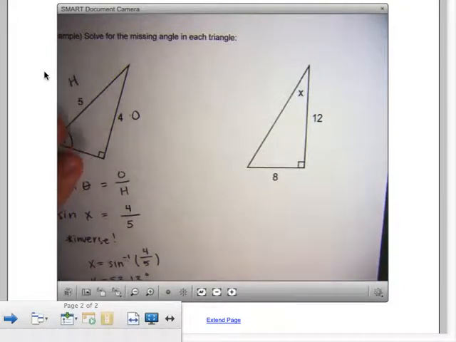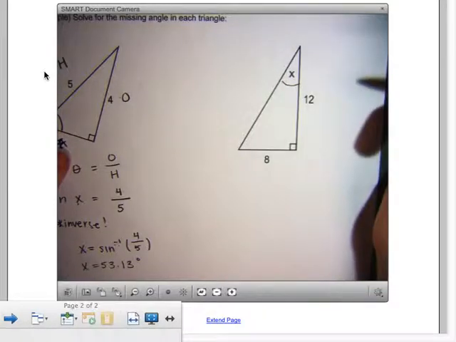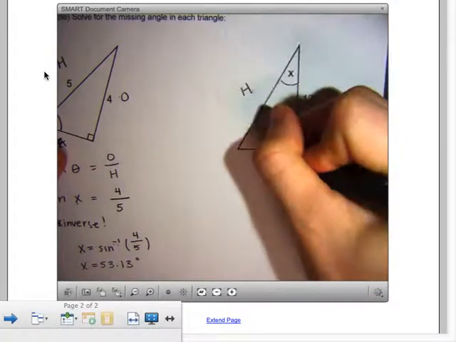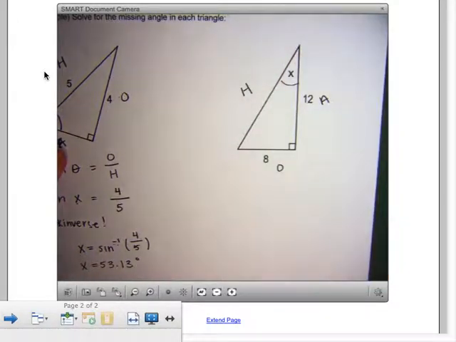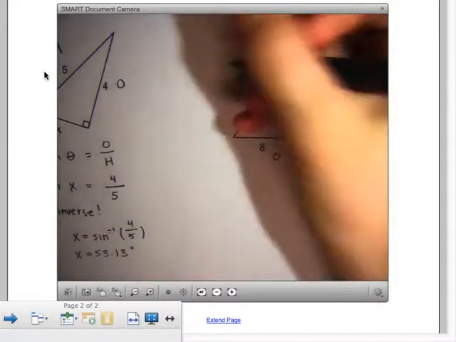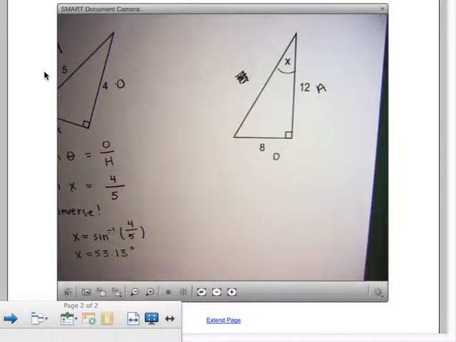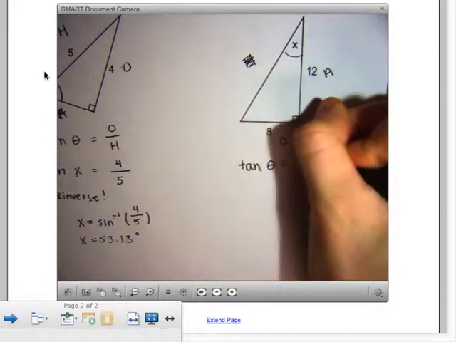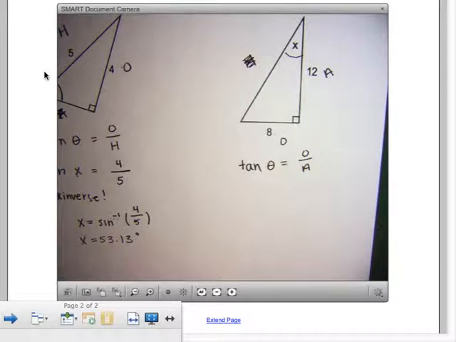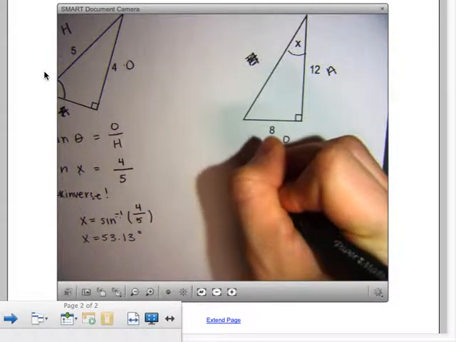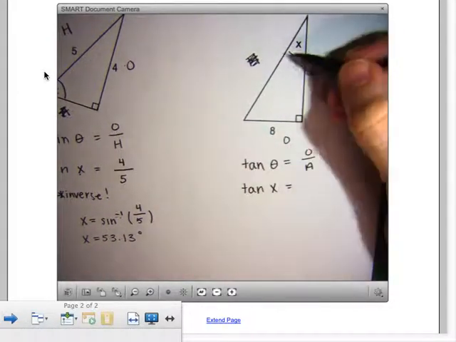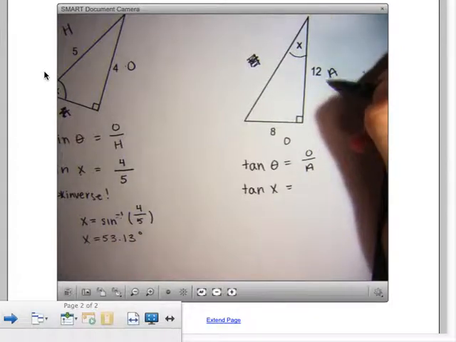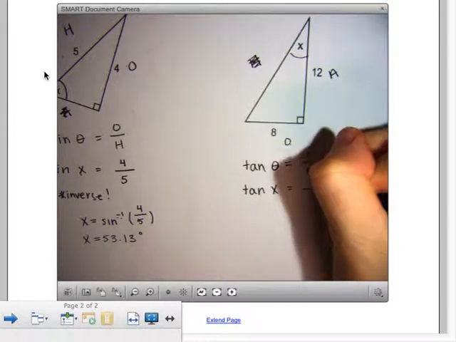Okay, last example. Here's the angle again. Label opposite, adjacent, hypotenuse. I don't have H, I only have O and A. So go back to your trig ratios. O and A is tangent. So theta is the angle. Our angle is X. O is equal to 8.